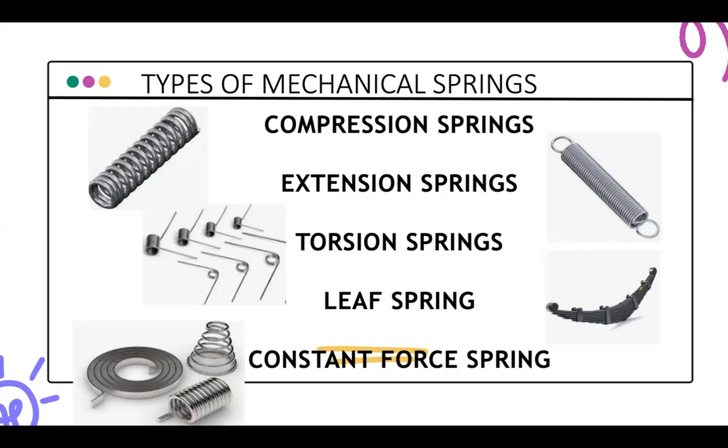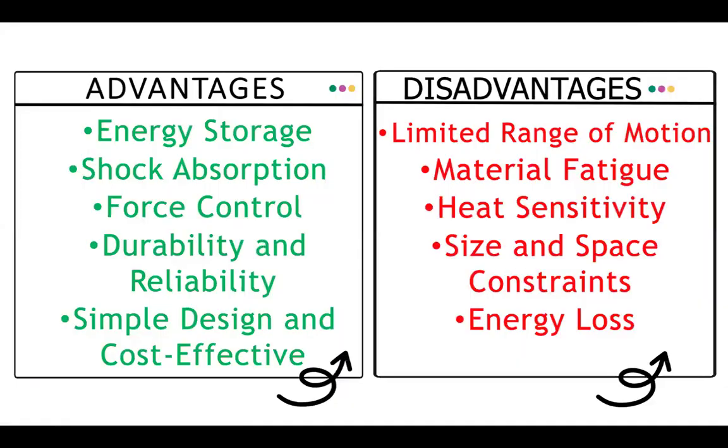These are typically used in heavy vehicle suspensions. And the last one is the constant force spring. It usually provides constant load over a range of motion and is usually used in retractable devices. So these are some of them.